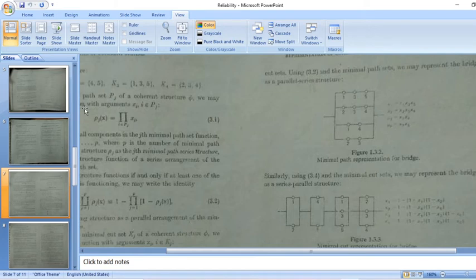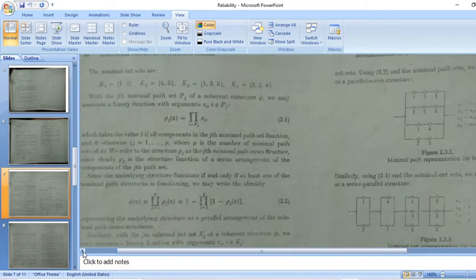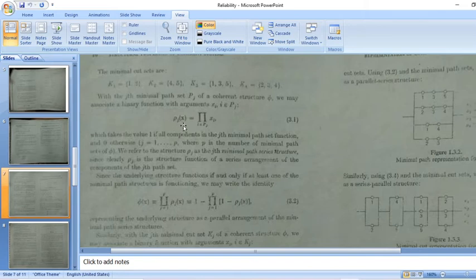Okay, so the structure function of each subsystem or each path system can be represented by rho j of x, given in equation 3.1. Rho 1 of x is the structure function of the first subsystem, the subsystem consisting of the first minimal path.